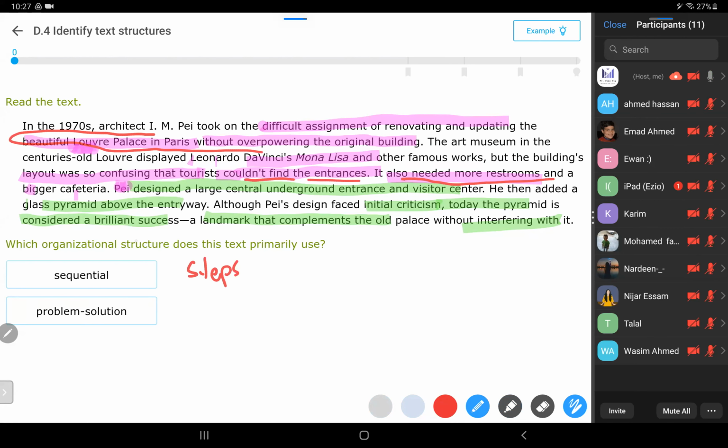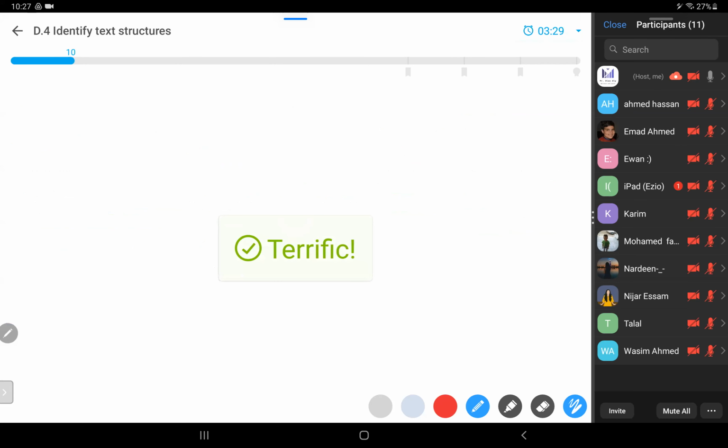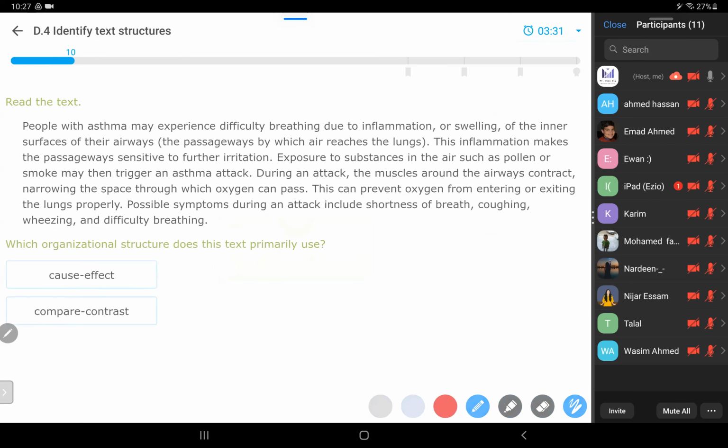So he found a solution by building a large central underground entrance. He also added a glass pyramid. So there was a problem here: the Louvre is bad. Someone called this guy, the architect, who decided to find a solution. So excellent, guys who got the answer. Well done. Let's try again.